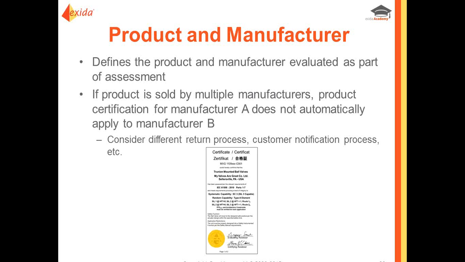They can have a different return process, a different customer notification process. They could have different modification processes. They could have different vendors, different materials coming in. Those are things that we look for. So we will have a specific product for a specific manufacturer at a specific location on this certificate.